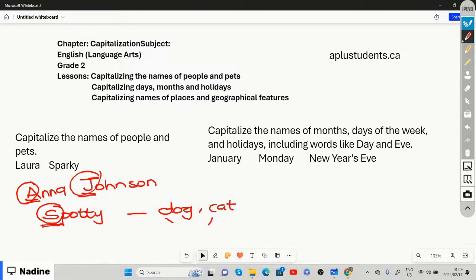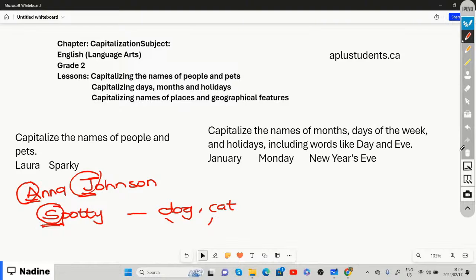Whether it's your first name, your second name, or your surname, it needs to start with a capital letter. Names of pets, whichever pet you have, the name you gave to your pet needs to be capitalized. But if you say this is my dog, this is my cat, this is my chameleon, this is my fish, then that needs to be in lowercase.